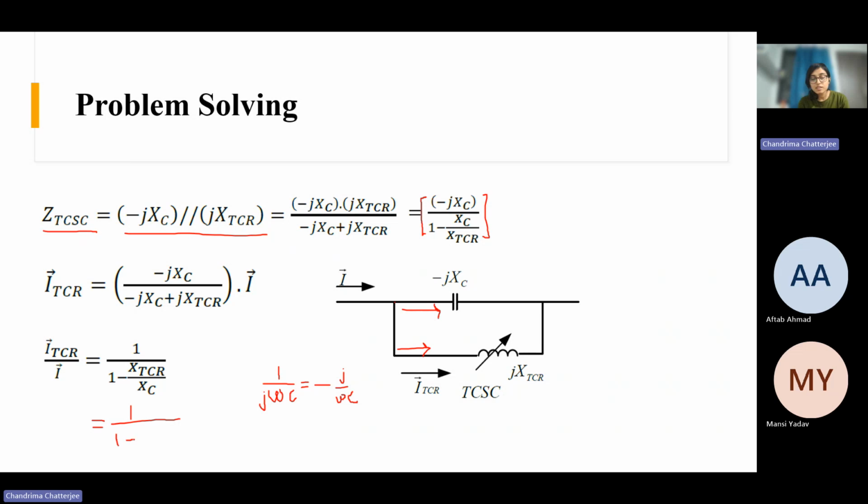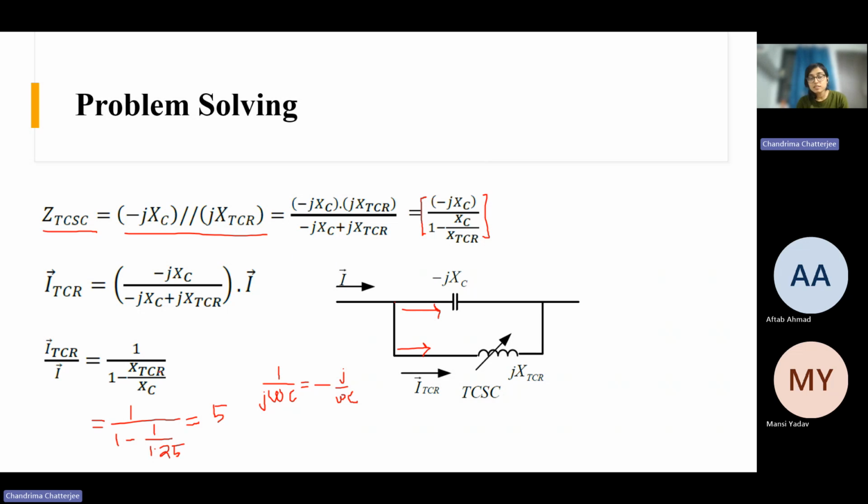This is basically 1 by 1 minus 1.25, which will come to minus 5.